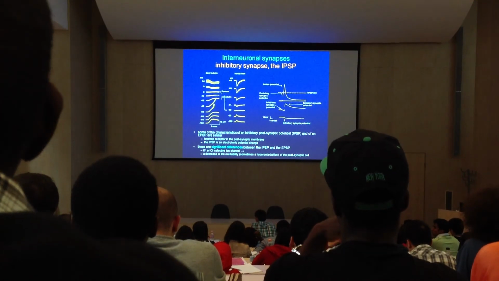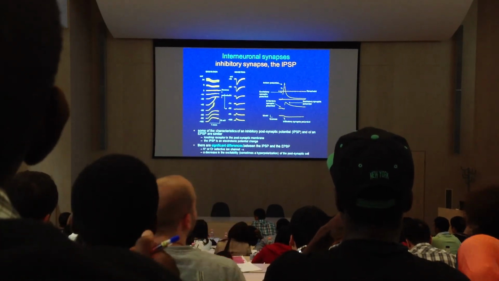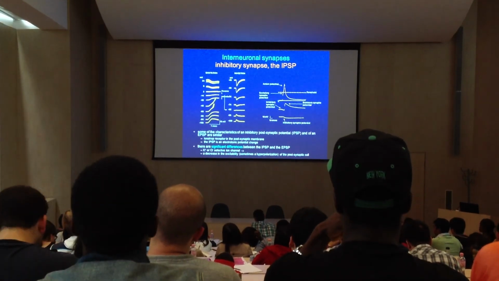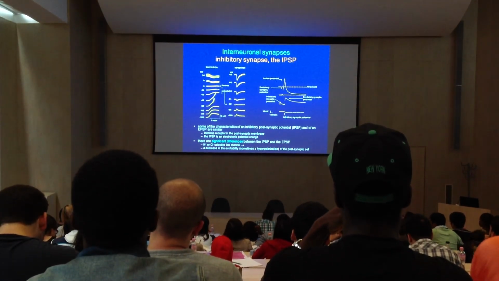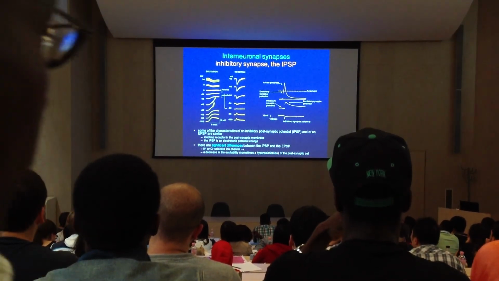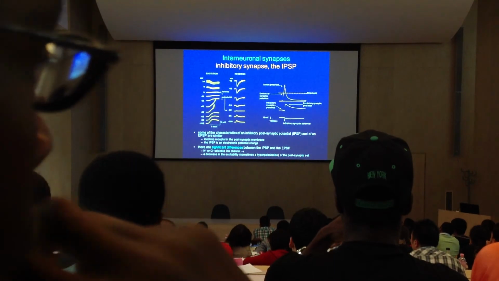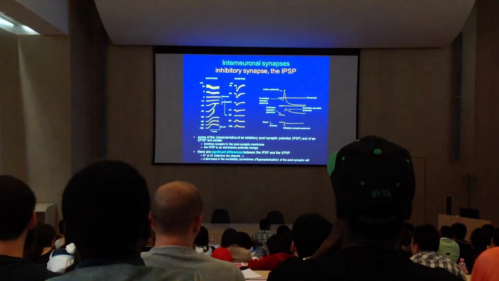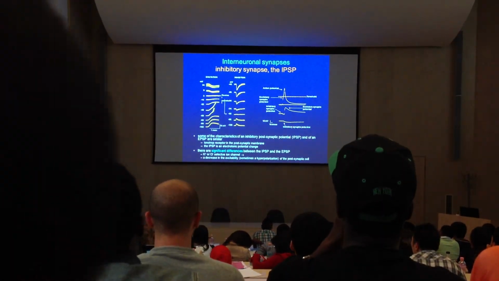So the result is that in case of an EPSP, if under good conditions an action potential is developed, if you have an inhibitory synaptic potential, a hyperpolarization develops. This is not necessarily always seen, but the excitability always decreases.